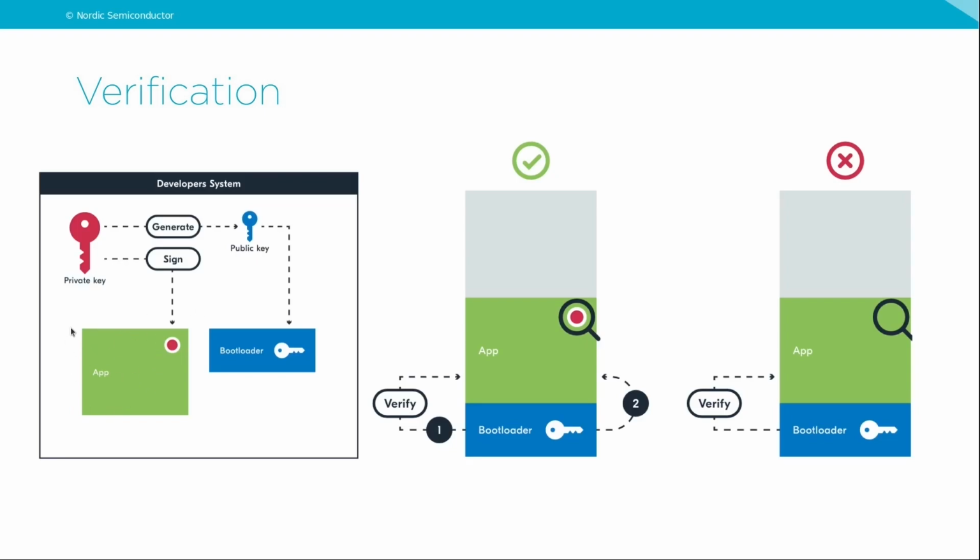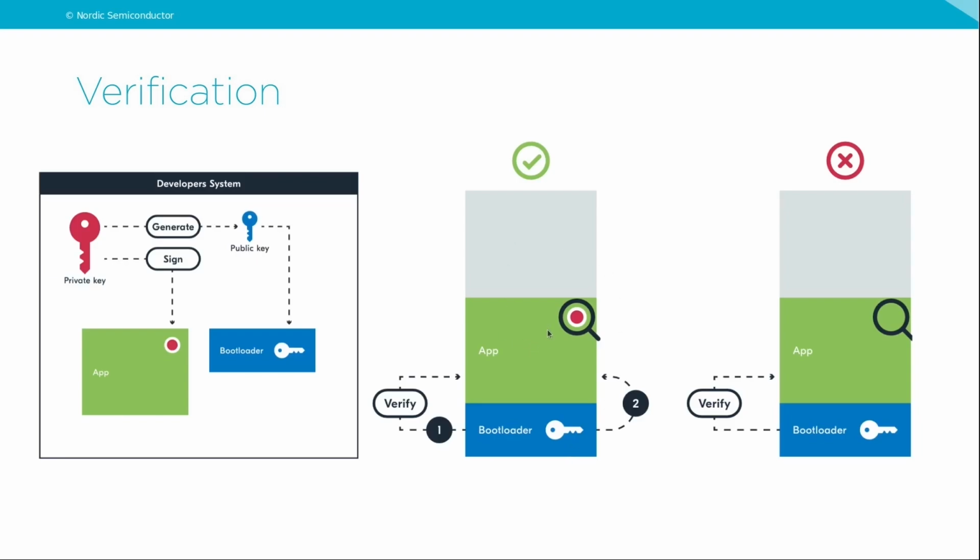That means I can later calculate the hash of the application and get the same hash from the application every time, so that only that application can generate that hash. So let's remember that it'll calculate the hash of the application and use that to sign. Okay. Now I have a signed application and I have a public key in the bootloader.